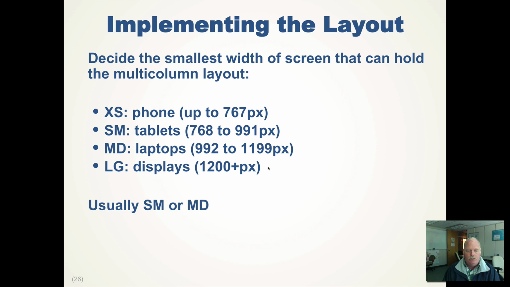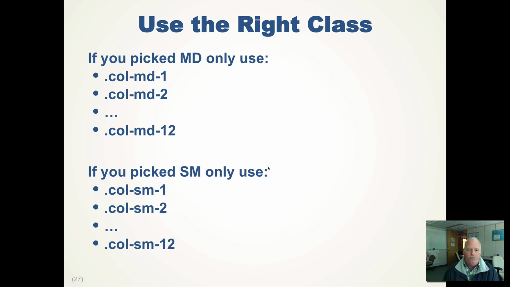But generally you're going to pick either small or medium, as the minimum width that you need to have the multi-column layout. So once you've chosen the multi-column layout width, you then use the right class in your grid. So you have rows and columns. You use the MDs if you chose MD. If you picked small, use the SMs. And you keep them the same. So you pick MDs or SMs.